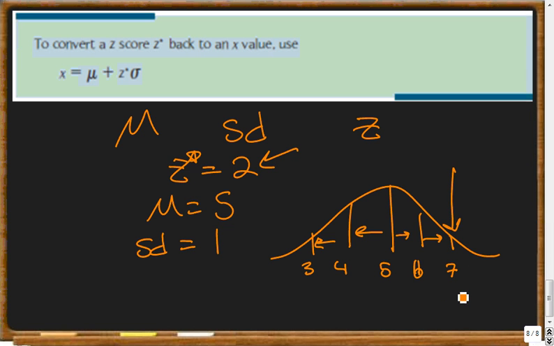So I'll be looking at 7 here. That would be how I would get back to an x value, or whatever I'm looking for, given that I know the mean and standard deviation.